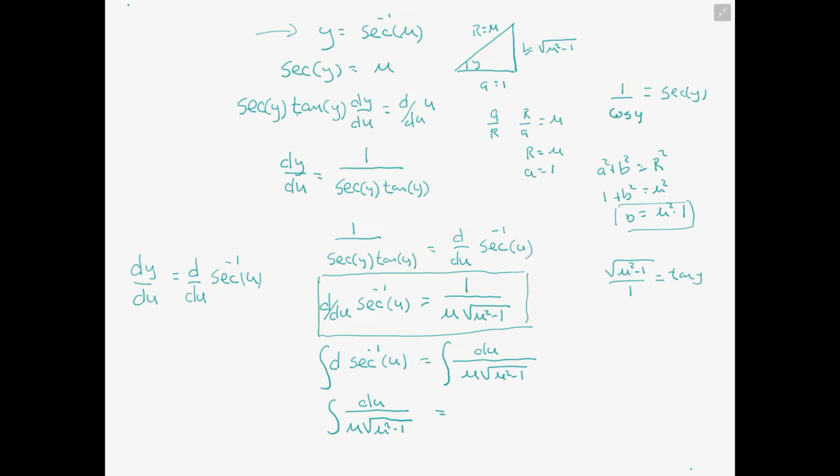And if we take our integrals, we have du over u times the square root of u squared minus 1 equals the arcsecant of u plus c.